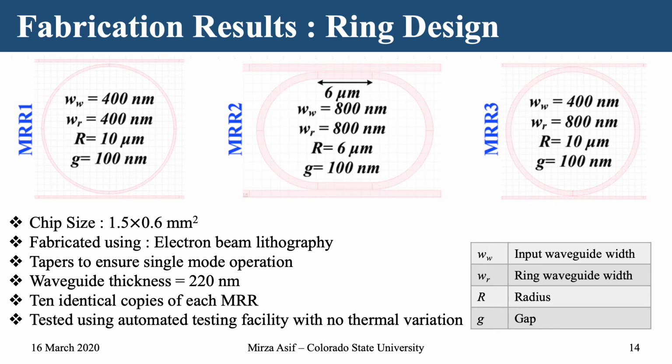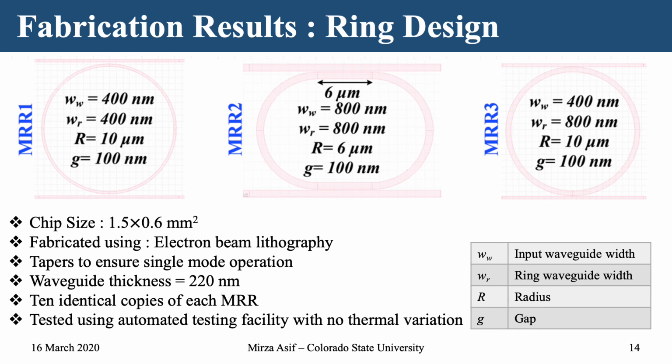And the third one is the proposed design, where the input waveguide width is set to 400 nanometers and the ring waveguide width is set to 800 nanometers, which is about twice. The radius is set to 100 microns, and the gap between input and ring waveguide is set to 100 nanometers. The chip size used was about 1.5 times 0.6 millimeter square.